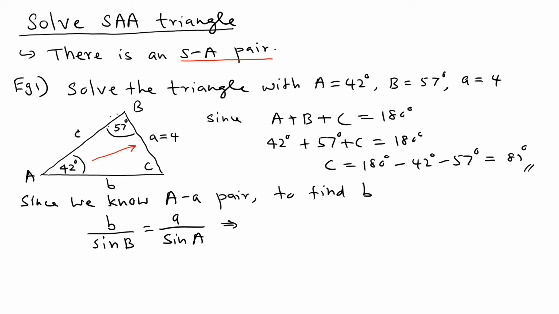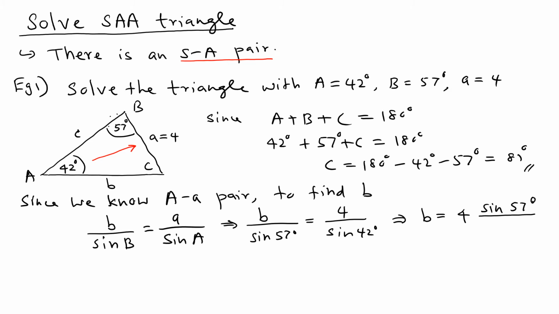If you plug in, we get b over sine B, we know the angle B, which is sine 57, equals a is 4, so 4 over sine angle A, which is 42. You can see this directly gives you the value of b, because by cross multiplying, you can write this as 4 times sine 57 divided by sine 42.